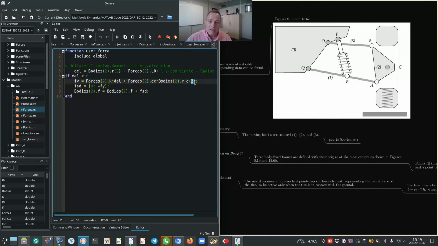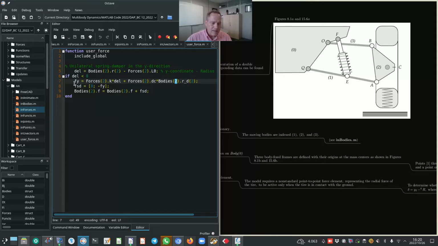That's why there is a 2 here. The parameter r_d contains the velocities of all the bodies in the multi-body system. So we are looking at the y component of body 2's velocity.